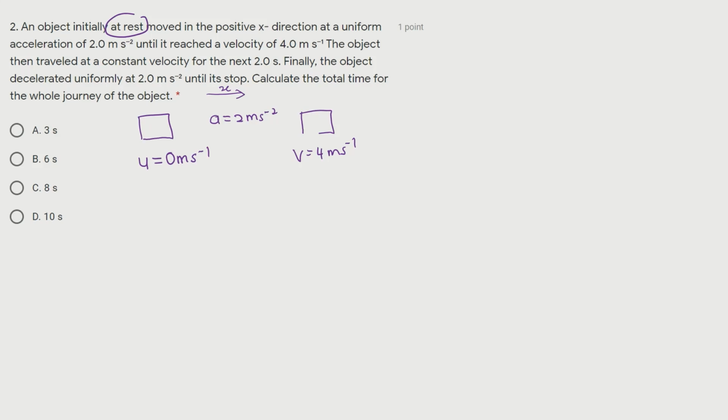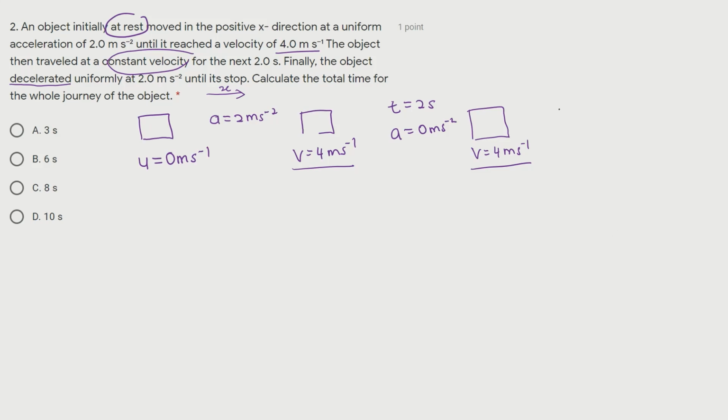Then the object travels at constant velocity for the next 2 seconds. If you say constant velocity, it's still 4 meter per second, and the acceleration is 0. Then the object decelerated uniformly at 2 meter per second squared.